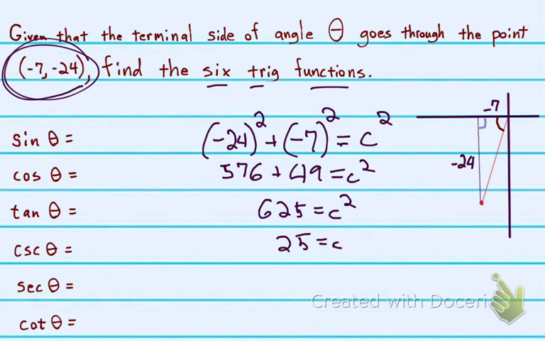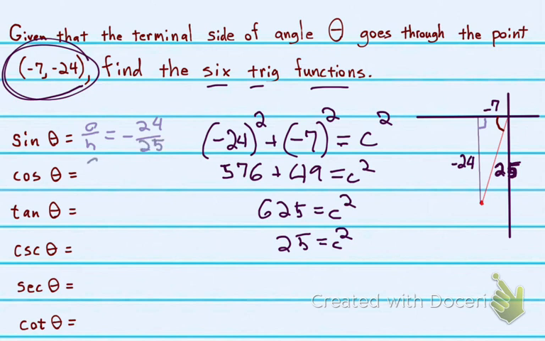So when you get a problem like this, you might get one of these known triangles, like the 3, 4, 5 triangle. All right, now we know what we need to find our sine, cosine, and tangent. Sine is opposite over hypotenuse, which is -24 over 25.